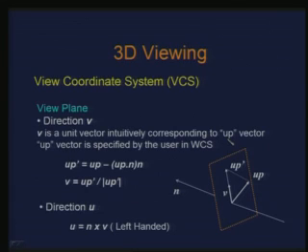Whenever we look at a scene, we have a notion of what is the up vector. In this room, for instance, we have the notion that yes, this is my up vector. If I go upside down, then I have some other up vector. So, there is a notion of up vector.